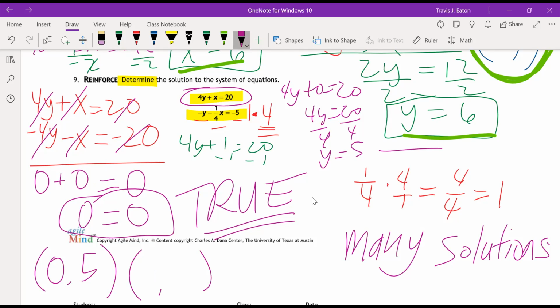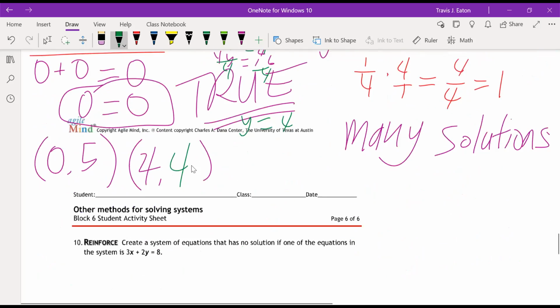I'm going to change my x to 4 instead of 1. So 4y plus 4 equals 20. Subtract 4 from both sides, and I get 4y equals 16. Divide both sides by 4, and y equals 16 divided by 4, which is 4. So that's another solution. You can just keep substituting values in for x and solve for y, and you could do it an infinite number of times.